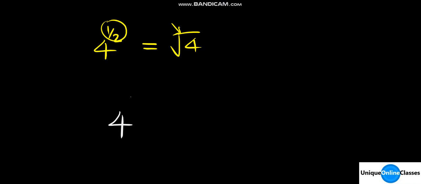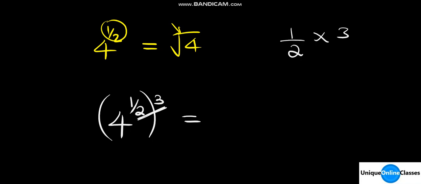We have 4 power half, then raised to the power 3. With law number 5, when we have powers like this, one inside the bracket and one outside the bracket, we just multiply. So we multiply the powers: a half times 3, where the denominator is 1, and the answer gives us 3 over 2.